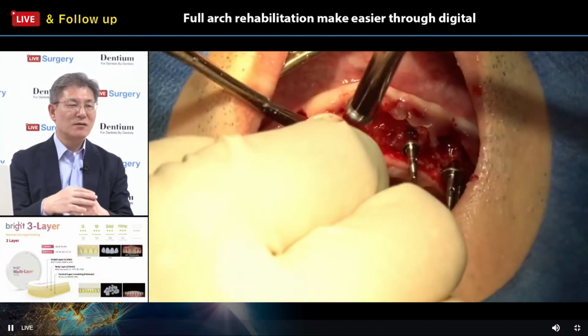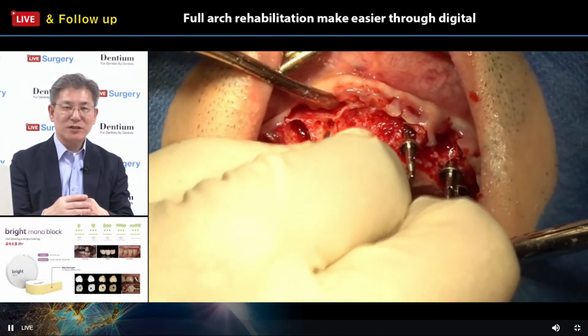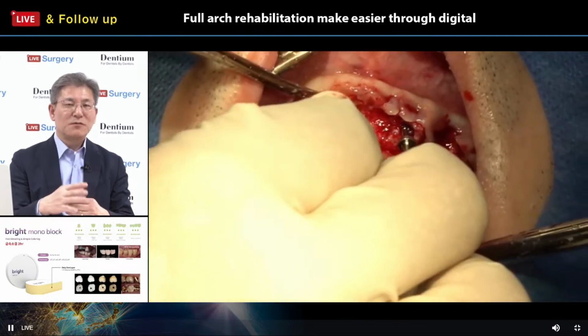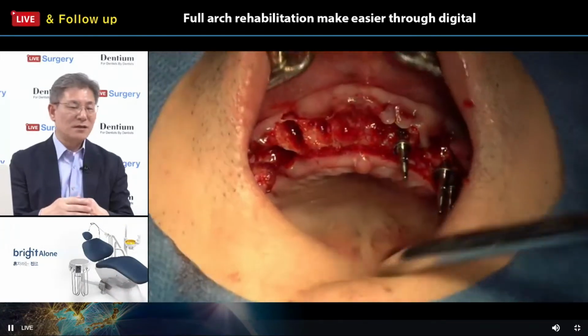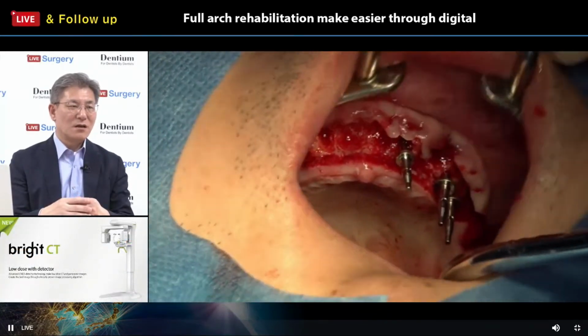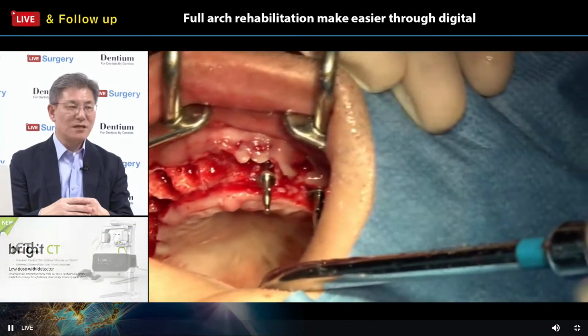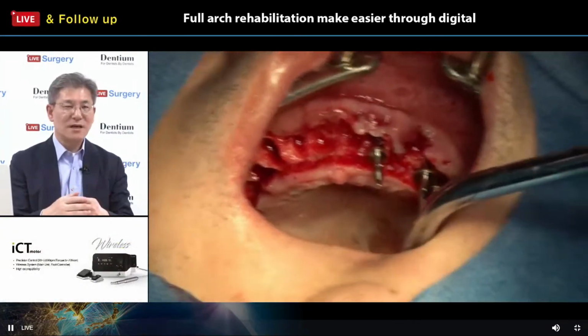Delayed approach is the optimal procedure. However, this patient is fully edentulous, because all the teeth should be extracted and there are no more teeth remaining.